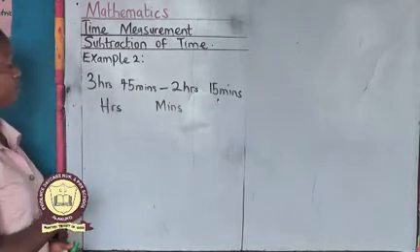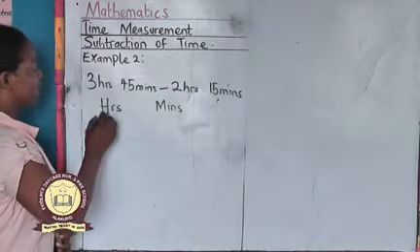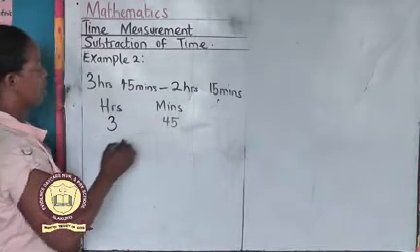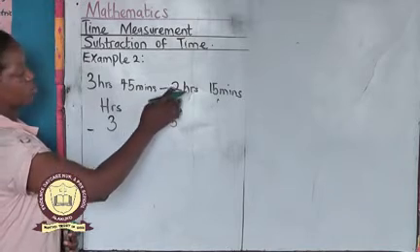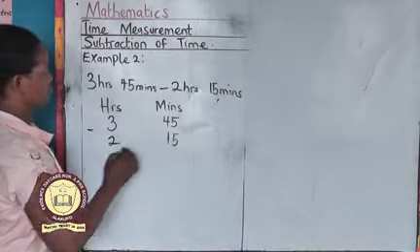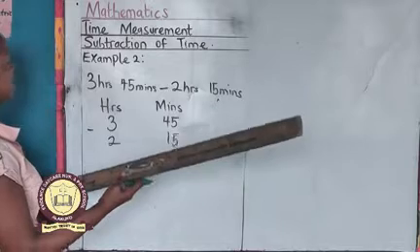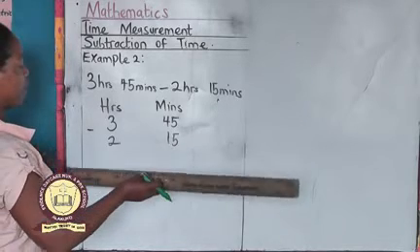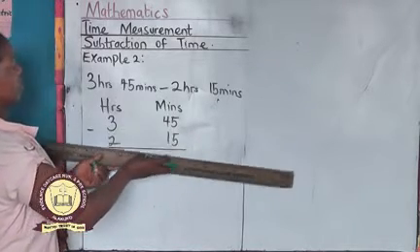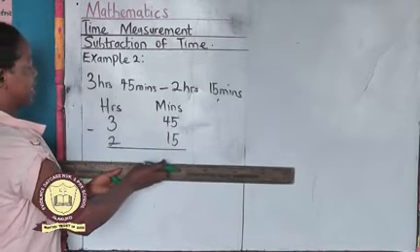Now arrange it under the minutes and the hours. 3 hours will be here, and your 45 minutes minus 2 hours 15 minutes. So let's take away 2 hours 15 minutes from 3 hours 45 minutes.